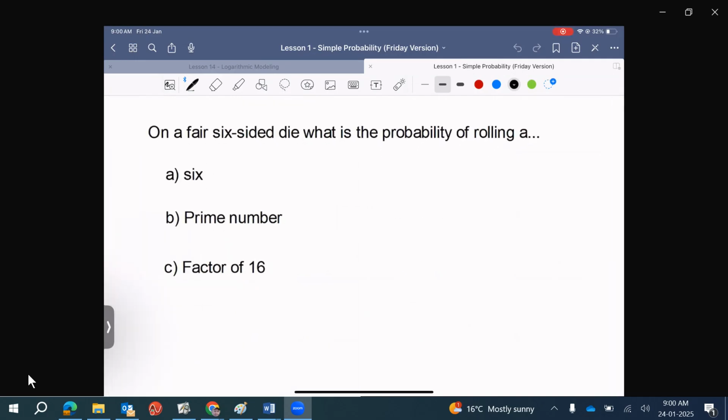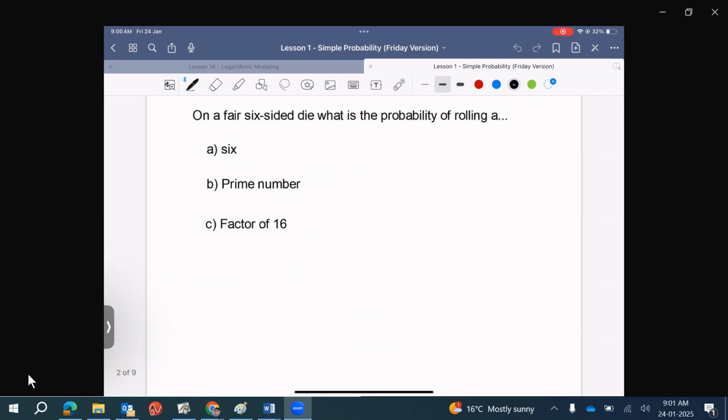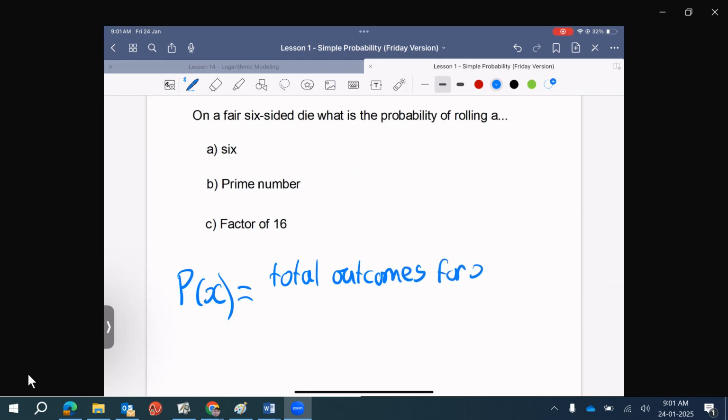So on a fair six-sided die, what is the probability of rolling a 6? So this is hopefully from middle school, reminding of how to do these type of things. To find the probability of an event X, you need the total outcomes that produce X divided by the total possible outcomes.